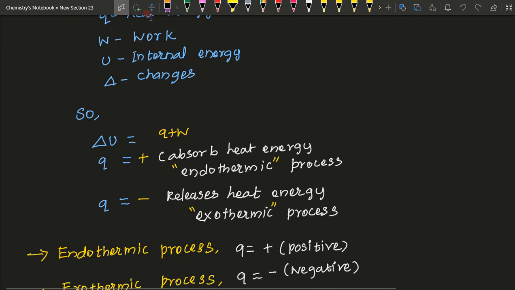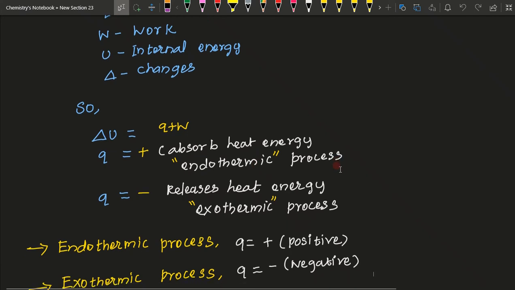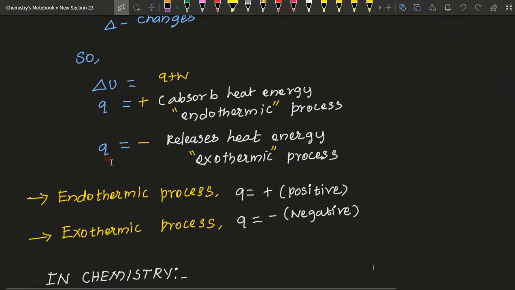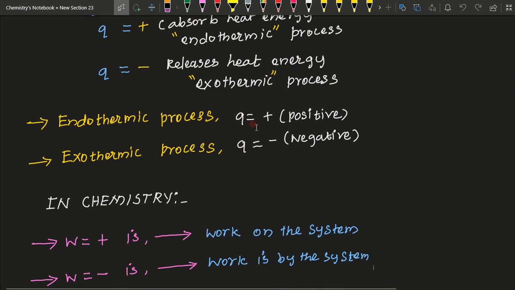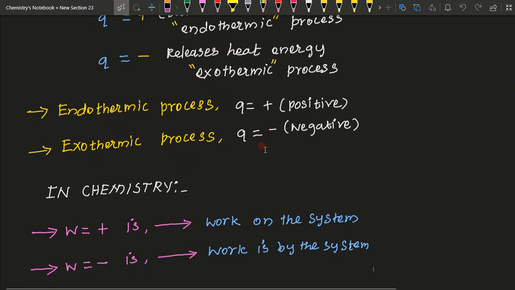See carefully, when Q is positive, it is the absorption of heat energy, an endothermic process. When Q is negative, the system releases heat energy, and it is called an exothermic process. In an endothermic process Q is positive or increases. In an exothermic process Q is negative or decreases.